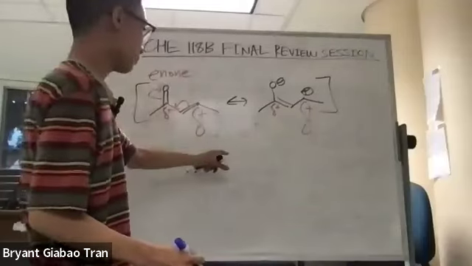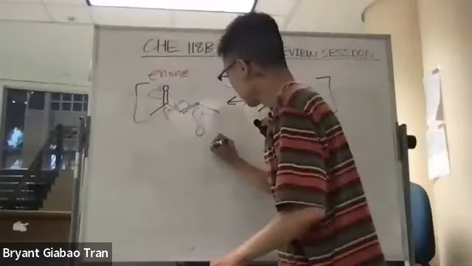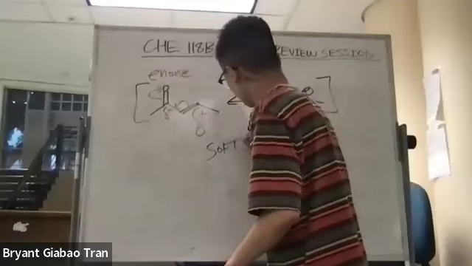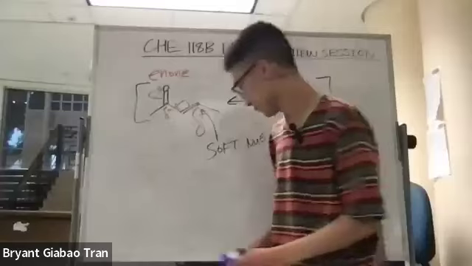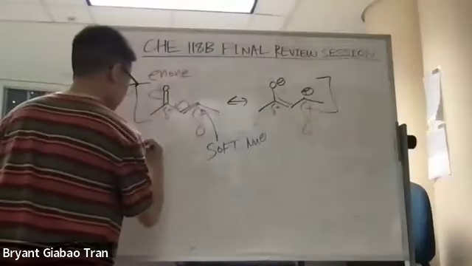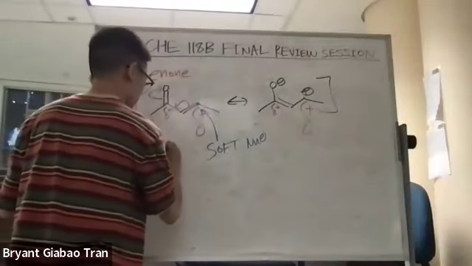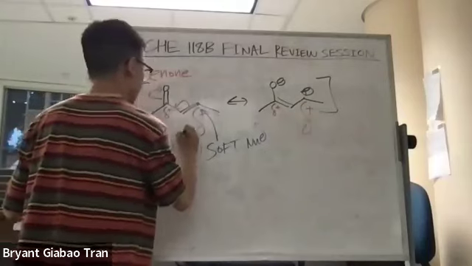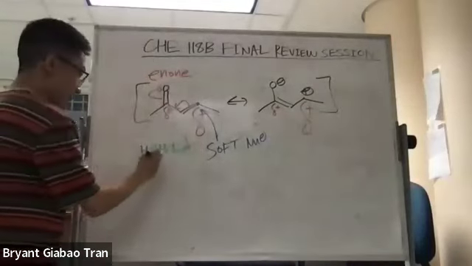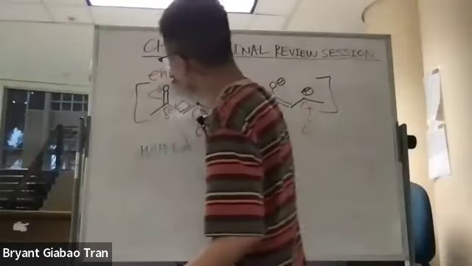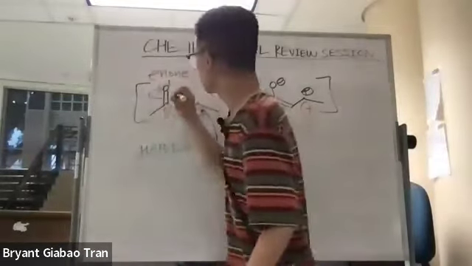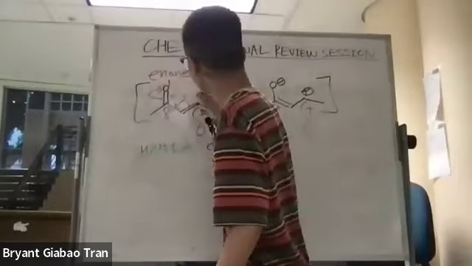Where soft nucleophiles will attack the beta carbon. Hard nucleophiles will attack the carbonyl carbon, right? And when we number this, we usually number it as atom 1, 2, 3, 4.